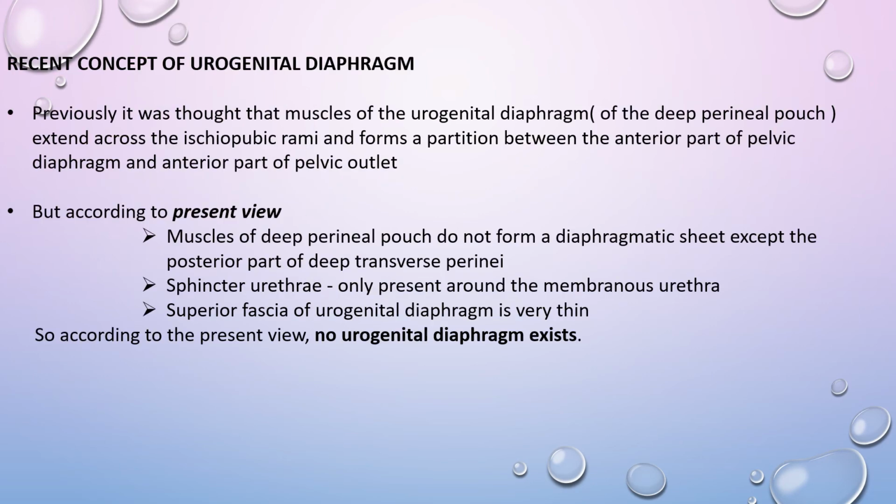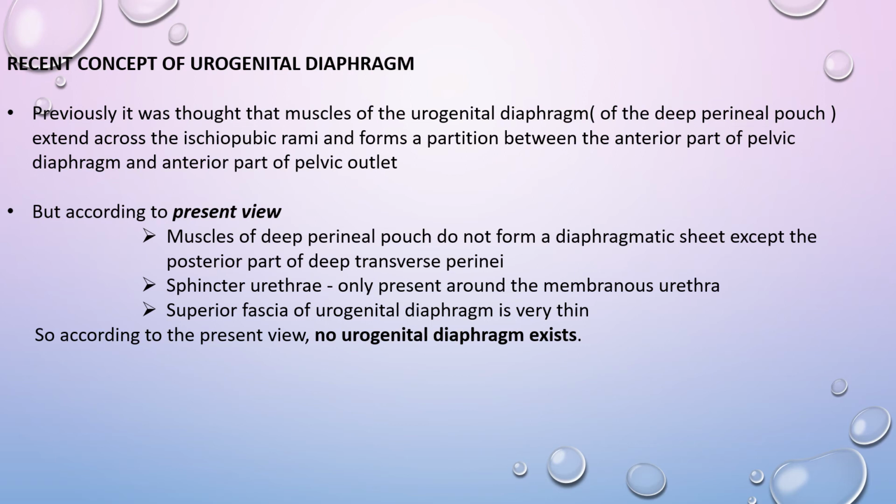Coming to the recent concept of urogenital diaphragm, listen carefully. Previously, it was thought that muscles of urogenital diaphragm extend across the ischiopubic rami and form a partition between the anterior part of pelvic diaphragm and the anterior part of pelvic outlet.